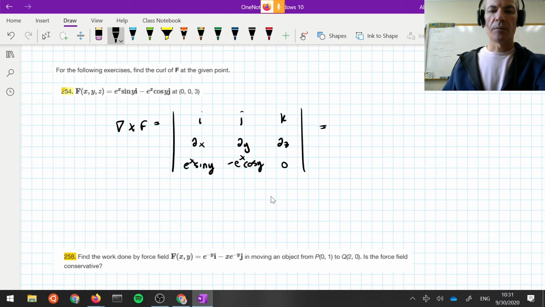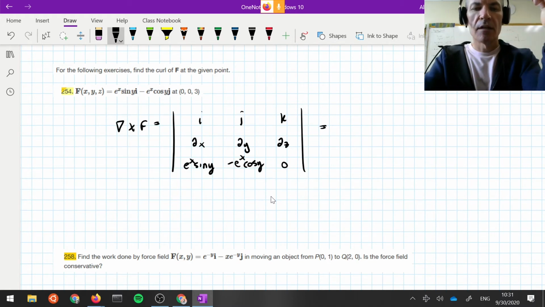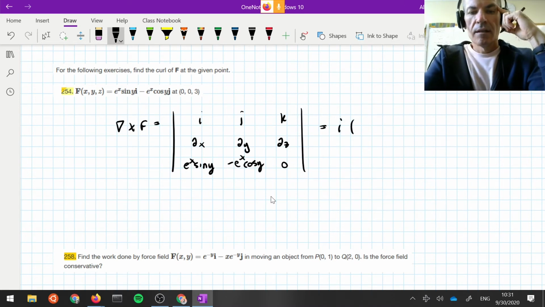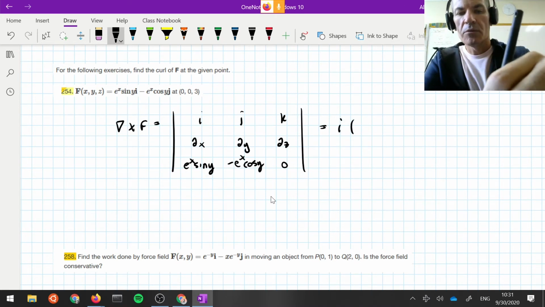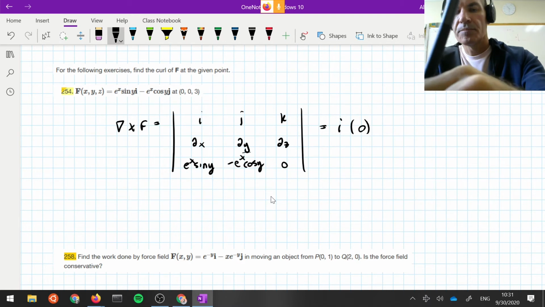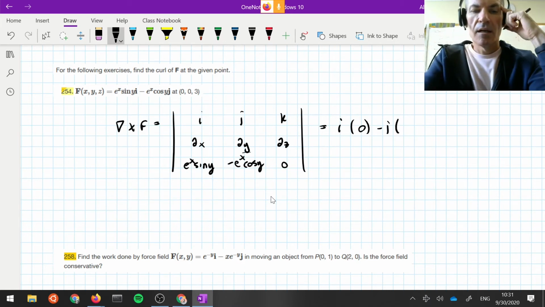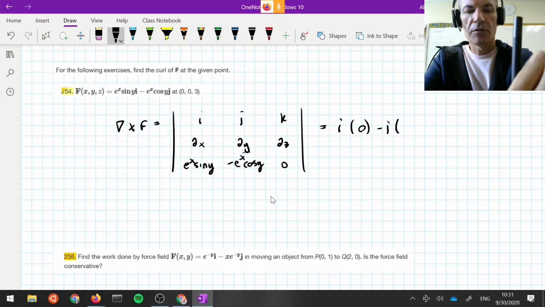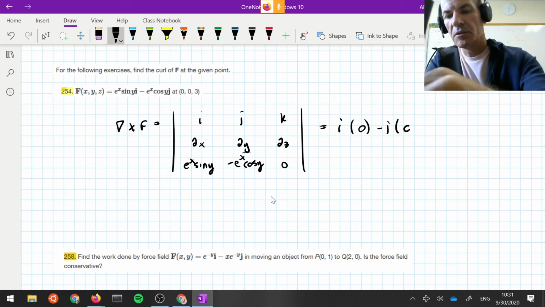All right, so we blot out the first component, and we get the partial of 0 with respect to y, which is 0, and the partial of this with respect to z, which is also 0. Minus j, partial of 0 with respect to x, partial of this with respect to z, 0.